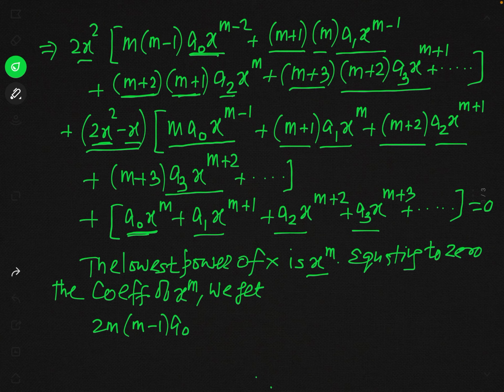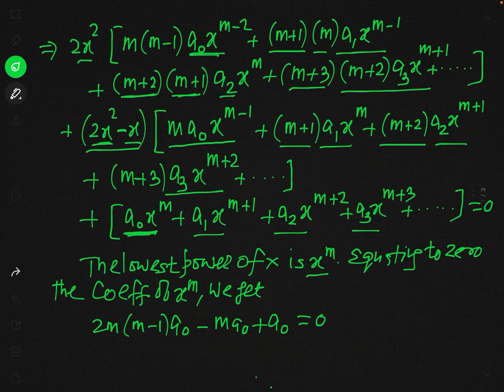Now in the second series, what is the coefficient of x to the power m? That will be m into a naught with a negative sign, because when we multiply by this x to this term, we get x to the power m. So the second term is minus m a naught. And in the last series, you can see easily that the coefficient of x to the power m is simply a naught. So plus a naught. And this will be equal to 0.